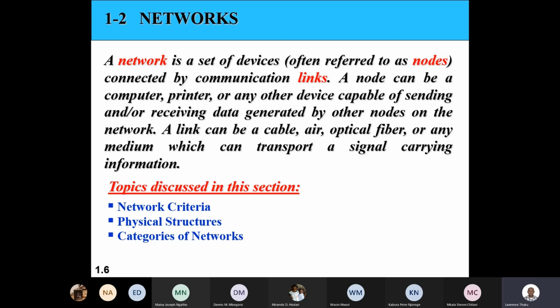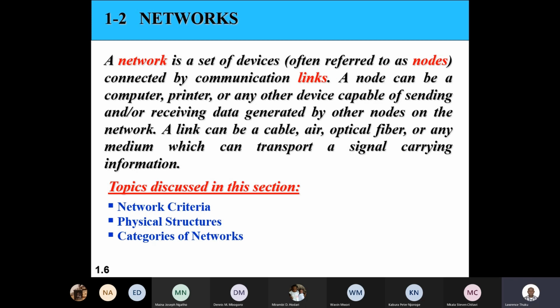Those are some of the devices that you shall focus on later, when we look at how communication takes place from point A all the way to point B. So a node can be a computer, a printer, or any other device, maybe even a mobile phone, which is capable of sending or receiving data generated by other nodes on the network.